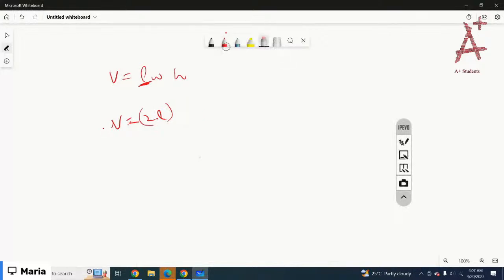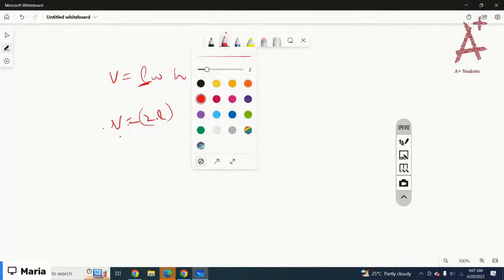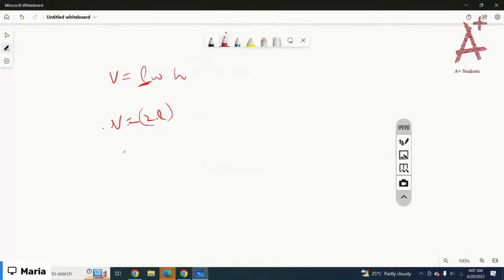When you multiply them, it would be two times length times width times height.